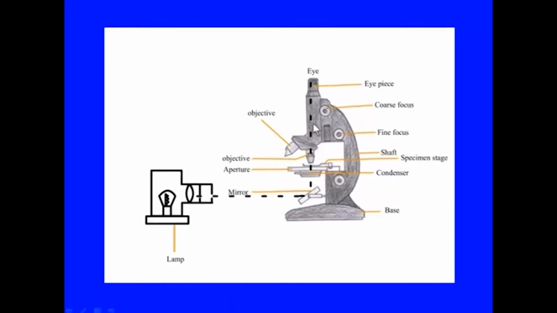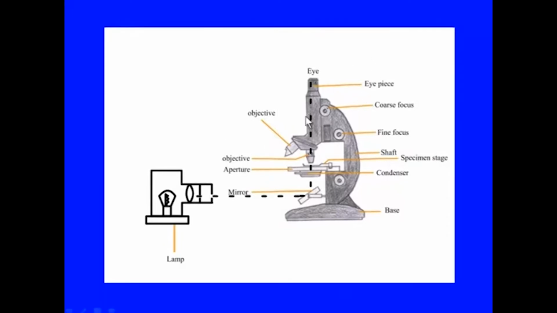Now, the mechanical tube length is a fixed tube length, and there are two kinds of optical systems here. One is the finite optical system, as I will show you in the next slide. Another is the infinity corrected optical system. It is very difficult to put in auxiliary components in a finite optical system or fixed tube length, because of problems of correct or sharp image formation due to aberrations and other problems.